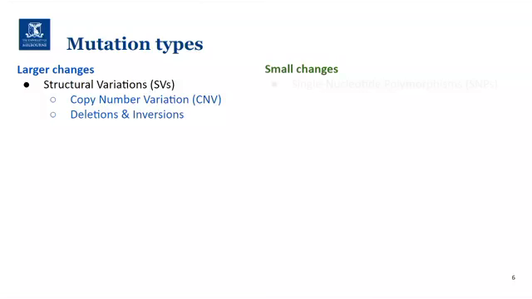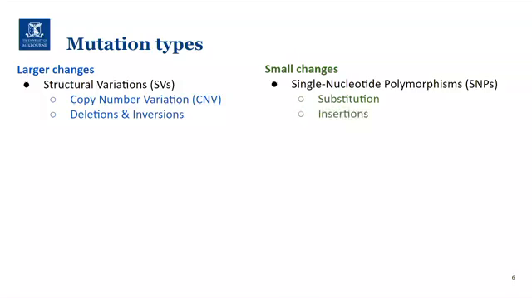While the main class of small changes are single nucleotide polymorphisms, or SNPs, where you change only one base pair. You can have a substitution, where you substitute one base pair for another. You can have an insertion. You can have deletions. Usually these are one of the main classes of mutations because they're very small, so they're more likely to be incorporated in a population than something that is very drastic.